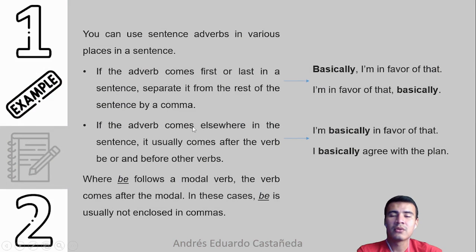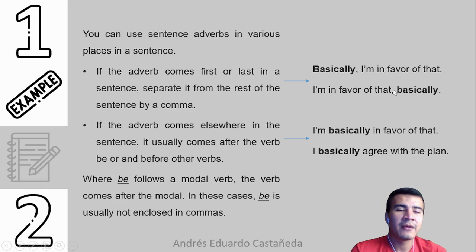In this first rule, you can use sentence adverbs in various places in a sentence. For example, if the adverb comes first or last in a sentence, you have to separate it from the rest of the sentence by a comma. If the adverb comes first, we have "Basically, I'm in favor of that."